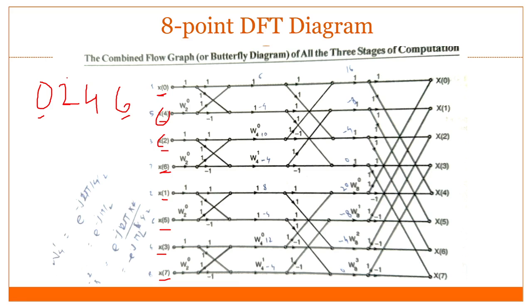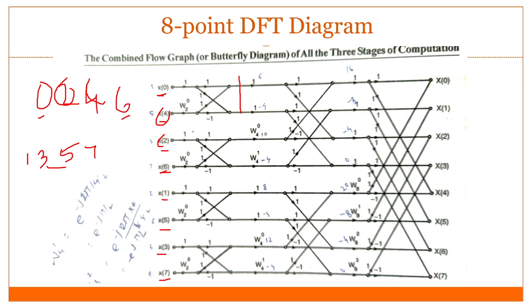Like this again for the odd samples: 1, 3, 5 and 7. How to remember this? 1 and 7 as they are, and 3 and 5 you shuffle. So this is my first 2-point DFT.